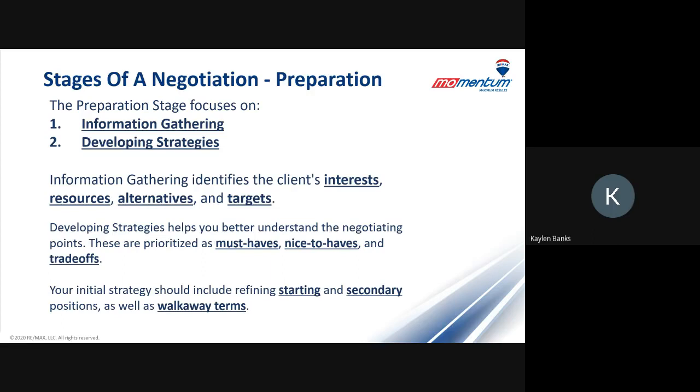These are prioritized as must-haves, nice-to-haves, or maybe some trade-offs. Your initial strategy should include starting and secondary positions, as well as walk-away terms. So you need to start identifying all of these as you're dealing with your clients: what their must-haves are, maybe some trade-offs, starting position and secondary position, and what they're going to walk away from.